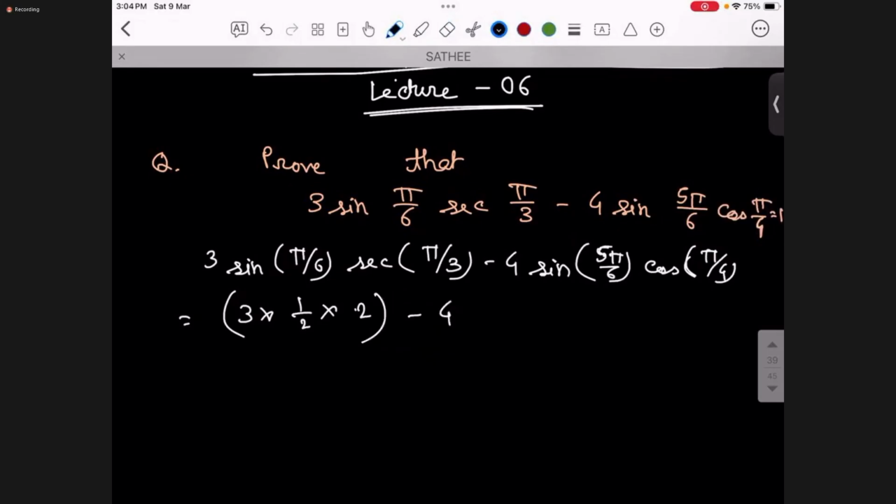Minus 4. Now what about 5π/6? It can be written as π minus π/6. And what about cot(π/4)?